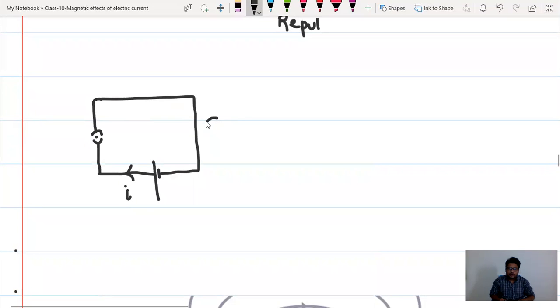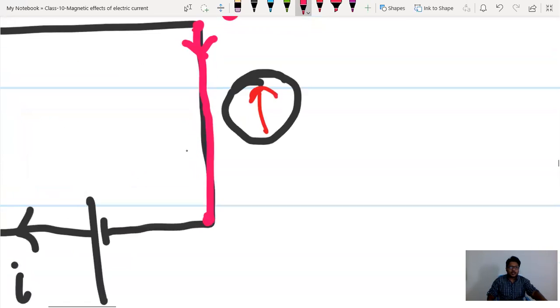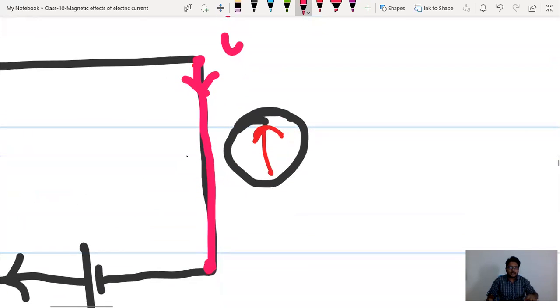Now, if you place magnetic compass, there is compass inside that. And if you pass current, consider this conductor where there is current. Now, let me draw one diagram such that you can understand clearly.